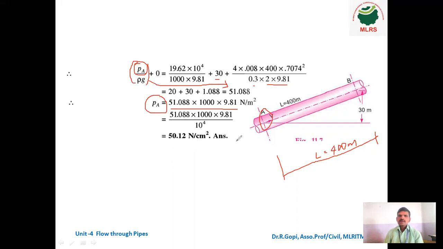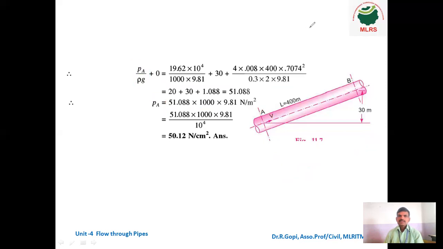Otherwise, since PB is given in Newton per centimeter square, you have to convert into Newton per centimeter square by dividing by 10 power 4. Finally, we got 50.12 Newton per centimeter square. This is the answer.